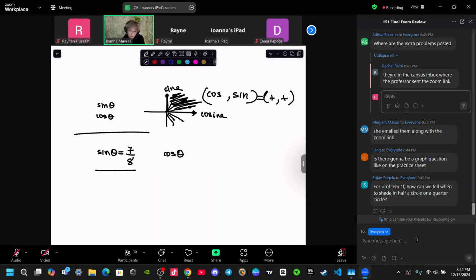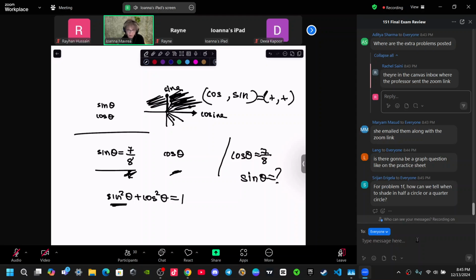So if the angle is here in the first quadrant, then you know both cosine and sine are positive. So how do you do that? And vice versa. If they give you cosine is 7/8, how do you find sine? Again, if they tell you it's in the first quadrant, then you know they're both positive. If they tell you it's in the second quadrant, then this is positive and that's negative, right? So how do you figure out what the other one is? You use the formula: sine squared theta plus cosine squared theta is equal to 1. If you know one of them, you can figure out the other.